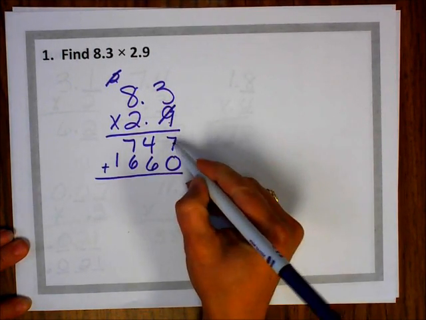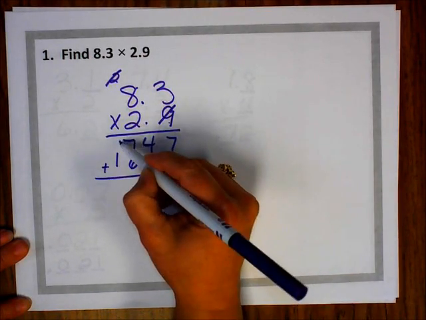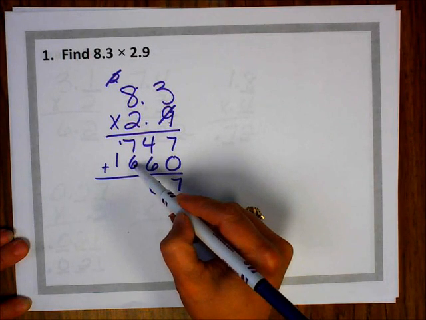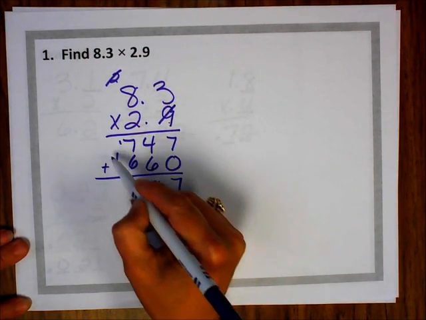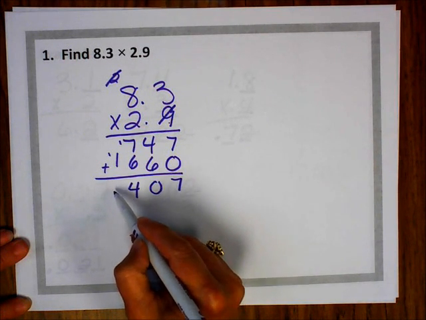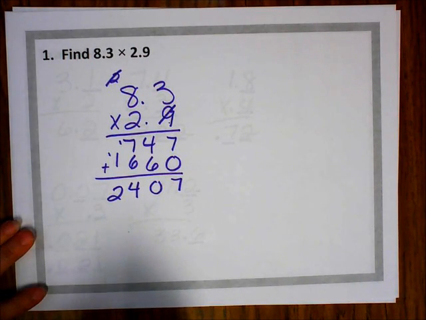Now we can add. 7 plus 0 is 7. 4 plus 6 is 10. Carry the 1. I know that 6 and 1 is 7, and 7 plus 7 is 14. Carry the 1. 1 plus 1 is 2. So now I have 2,404, but I haven't looked at the decimal.